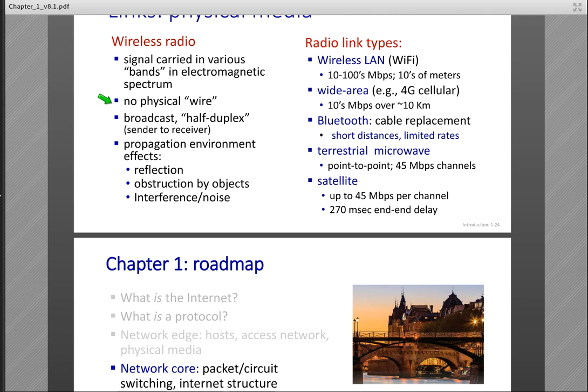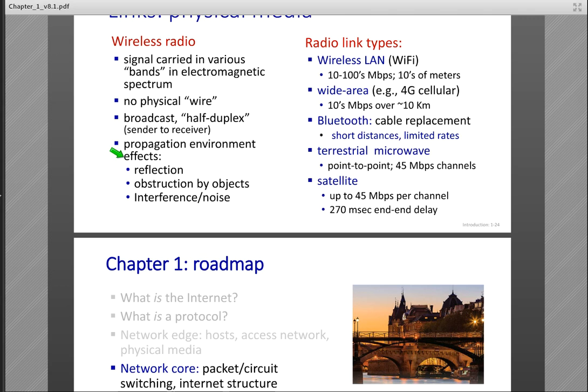Because they are using a single spectrum, a single frequency for sending or receiving. So we cannot send and at the same time receive data. It's very important. So we call them half duplex. It means that we should send or receive, but not both.